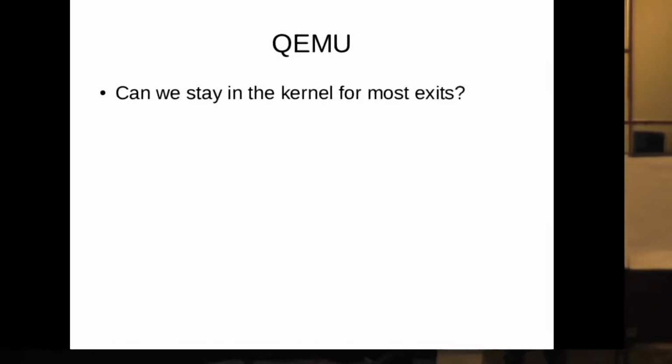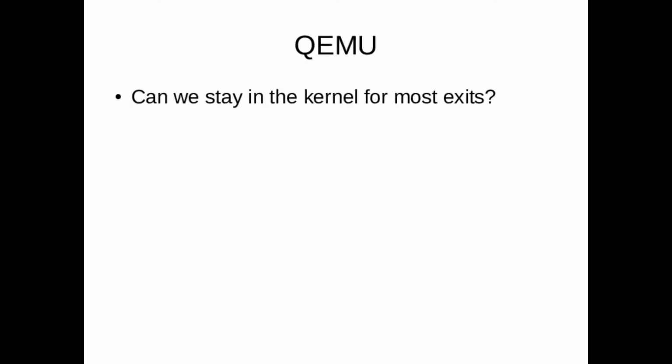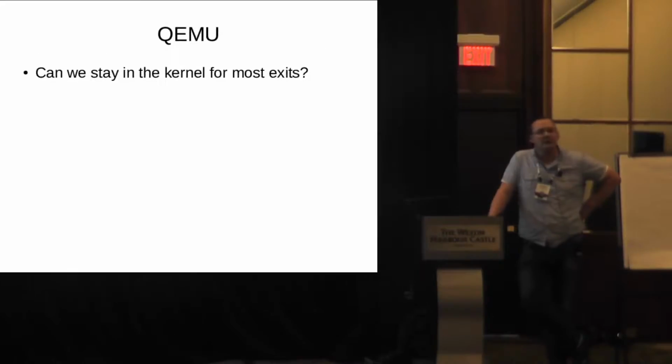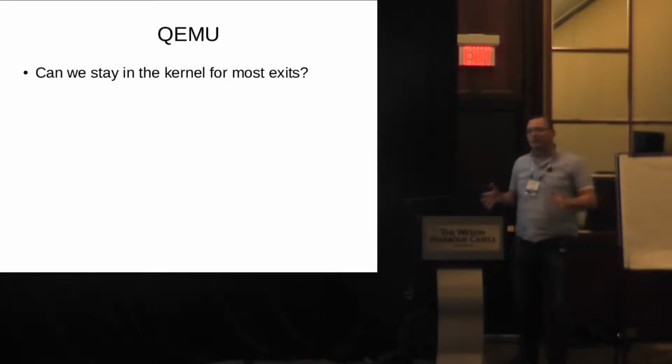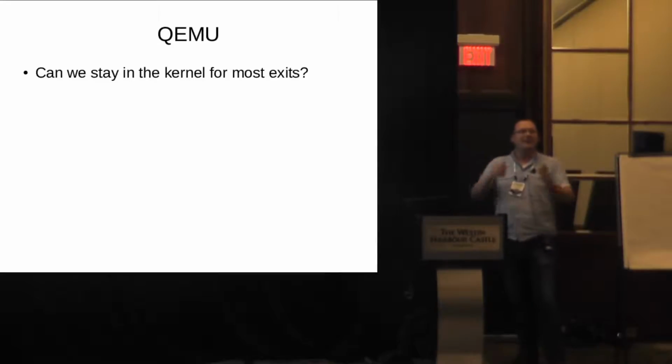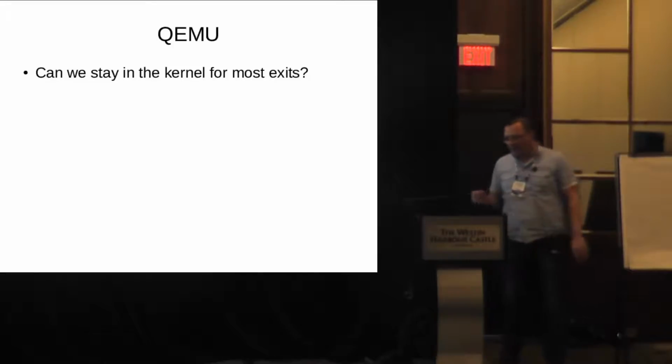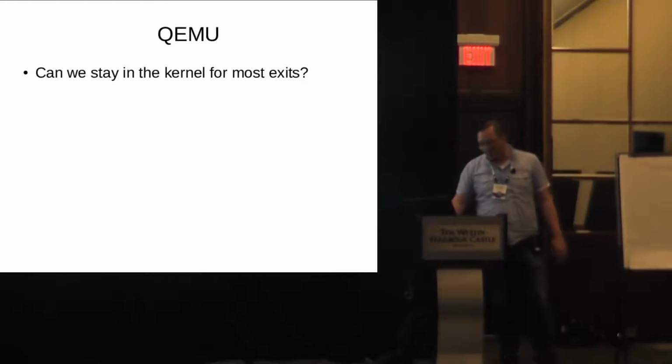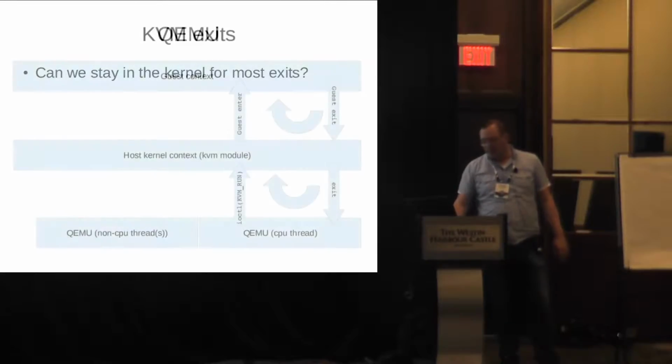First thing is, can we actually stay in the kernel for most exits? This is basically the opposite of what Stephen Rutherford did for his split IRQ work. Can we do more in the kernel? There are some implementations already which do that.